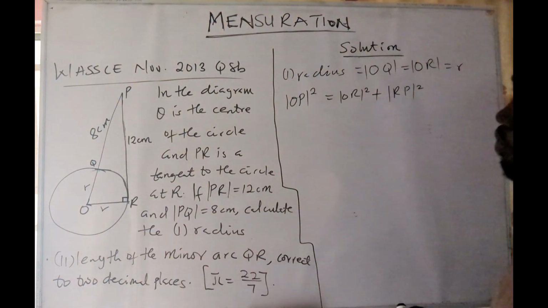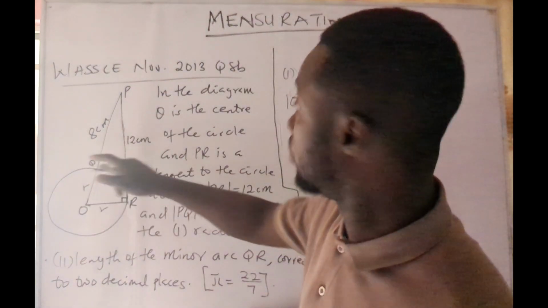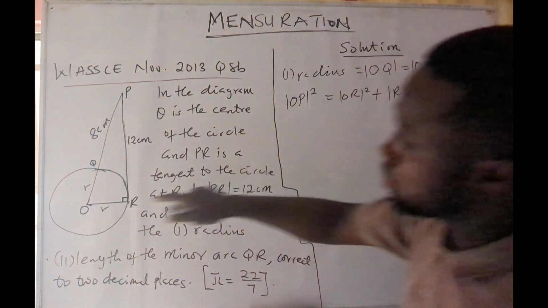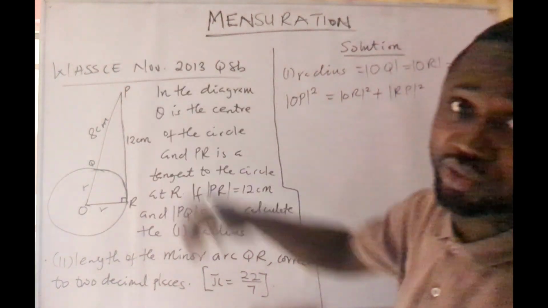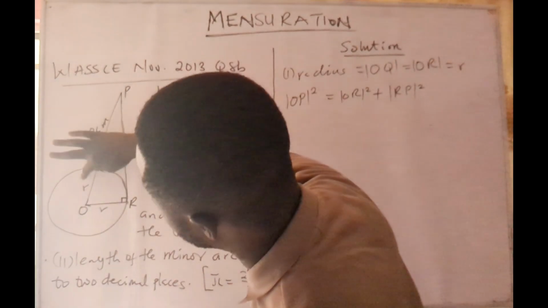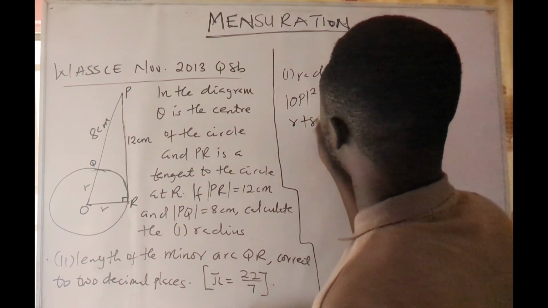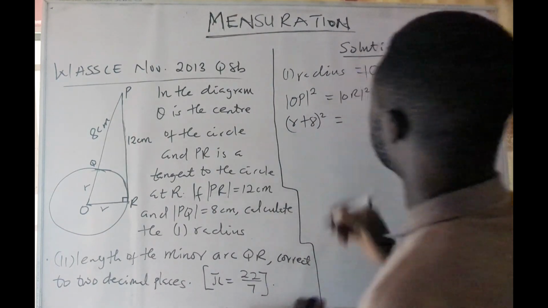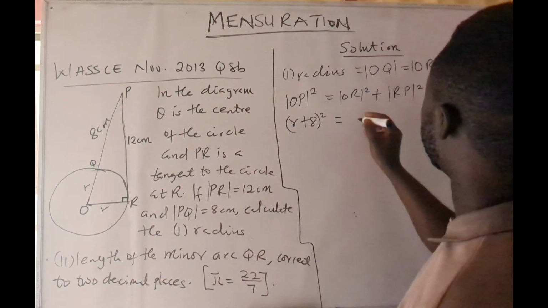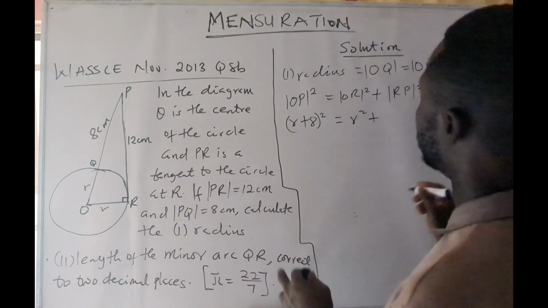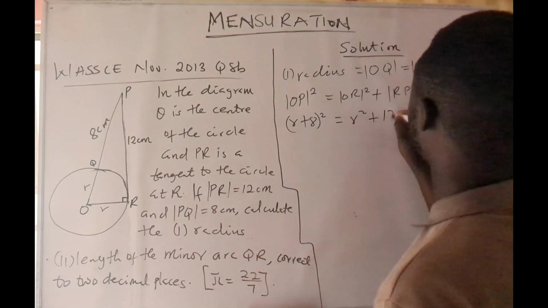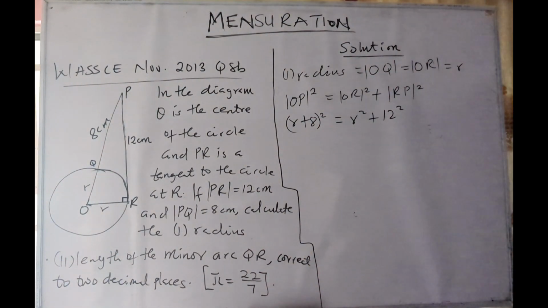So what is our OP? We know OQ is r, so r plus 8 gives me OP. From O to P is the radius plus the 8 centimeters. So (r plus 8) all squared is equal to OR, which is r squared, plus RP, which is 12 squared. I believe you get it. It is as simple as that.